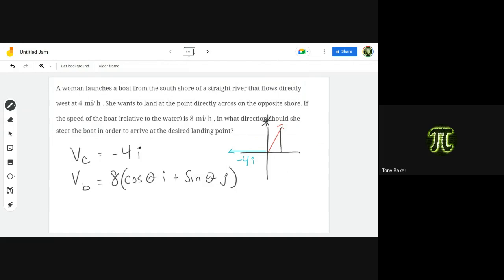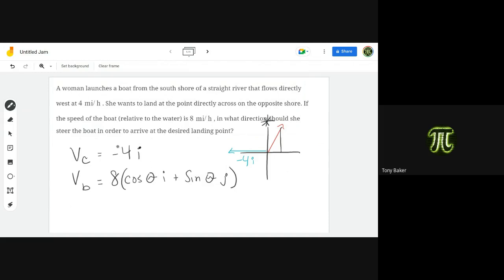But what do I know? Do I know my i? At the end, when she lands, her i should be what? How far east or west did she go? She went 0. She didn't want to move, right? She wants to go due north, right across. So my i is going to be 0.